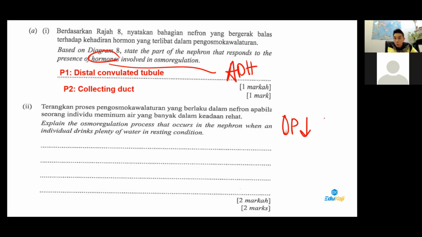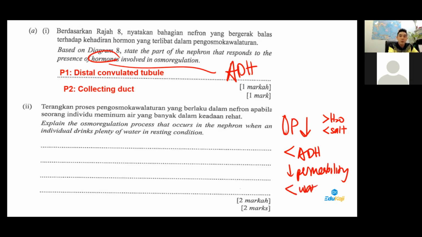Revision, what's the meaning of low osmotic pressure? Too much water in the body, or too little salt, or both. So there will be less ADH stimulated, lower permeability of the walls of collecting duct, less water reabsorbed, more urine is produced.